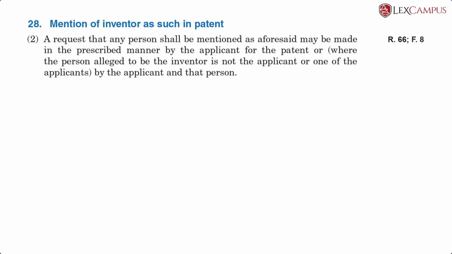This most likely happens in large organizations where the employees create the invention, and because of their employment contract, all the inventions they come up with will now vest with the employer. So, in cases where the person alleged to be the inventor is not the applicant or one of the applicants, then by the applicant and that person. So, this is what is mentioned in the Act.